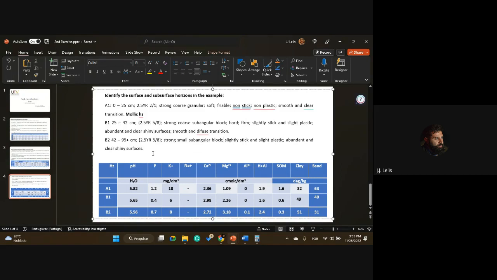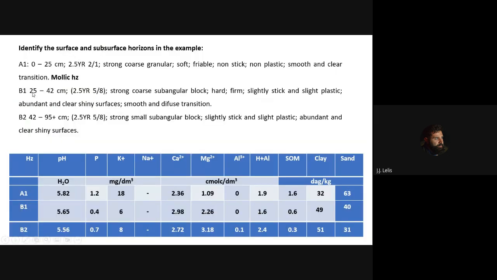Let us check if the B2 horizon and the A1 horizon have a distance equal to or lower than 15 centimeters. In this case, the B1 horizon between the two has a depth between 25 centimeters and 42 centimeters, so 17 centimeters of thickness.